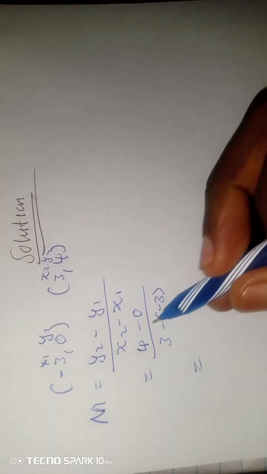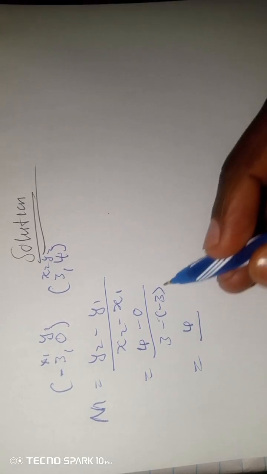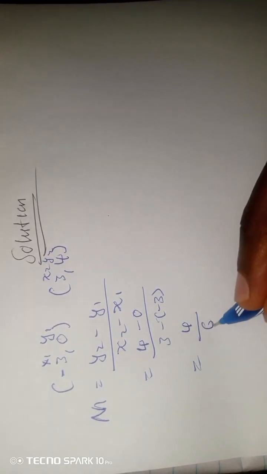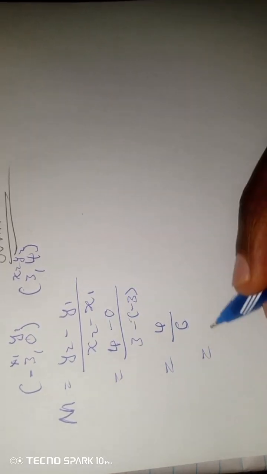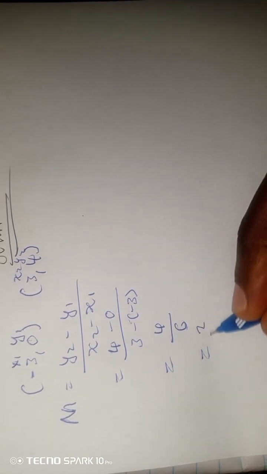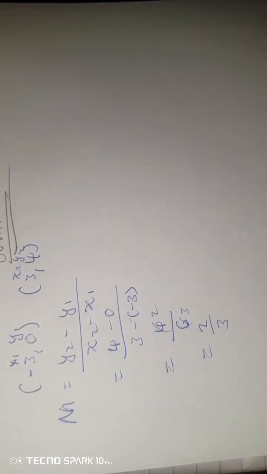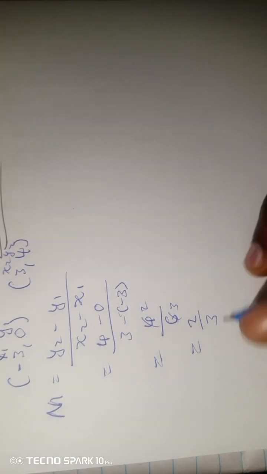So from here to be 4, negative, negative, positive, so 3 plus 3 to give me 6. So my gradient here to be 2 over 3, 2 there to give me 2, 2 here to give me 3. So this is my gradient. So from here I'll choose the coordinates to use.